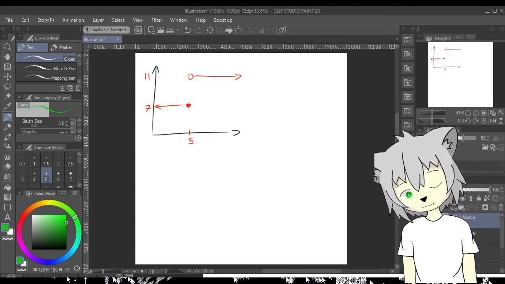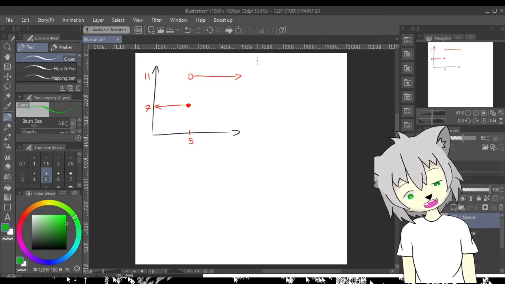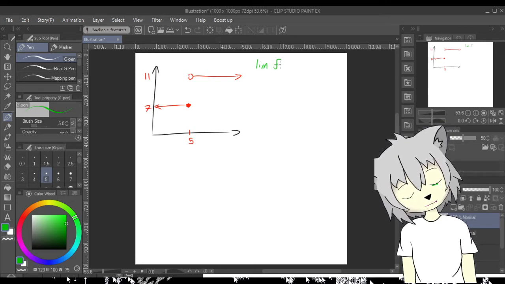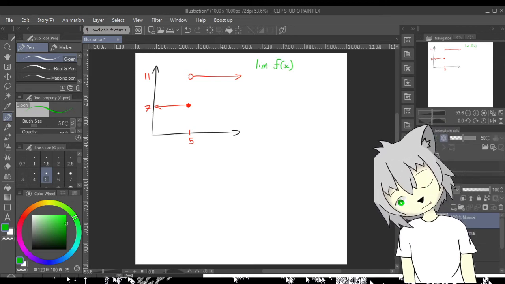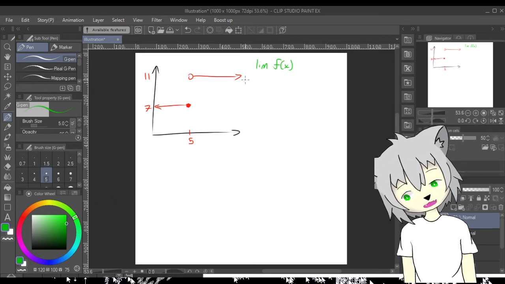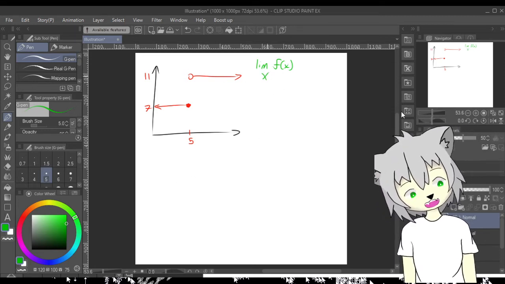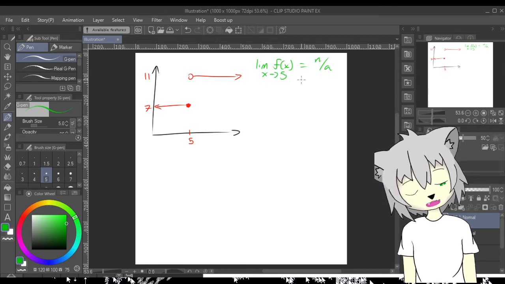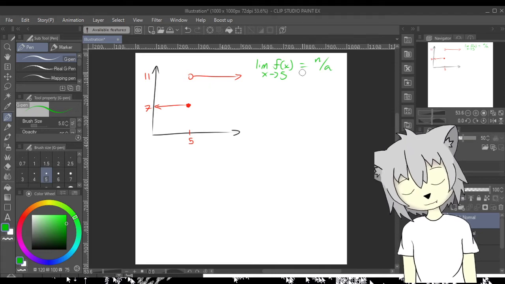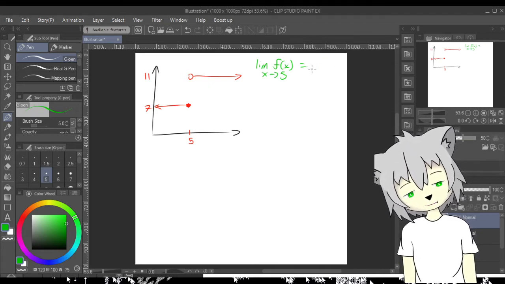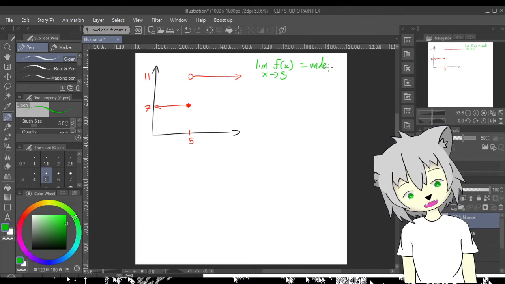There is something called a one-sided limit. This, of course, is f of x. As x approaches 5, it's not defined. It's not applicable. It's just undefined. It doesn't approach a specific value.